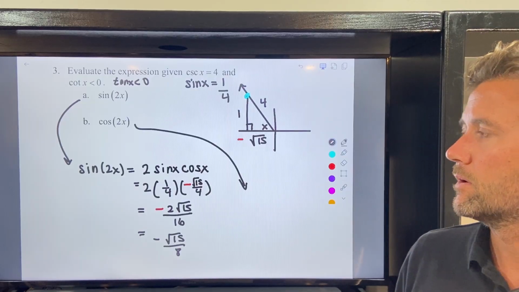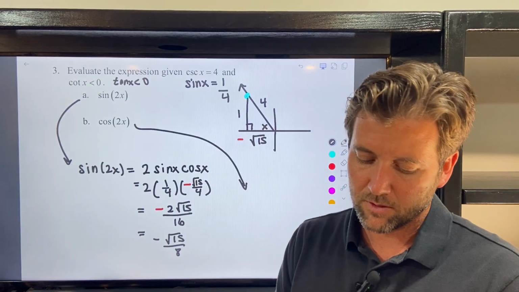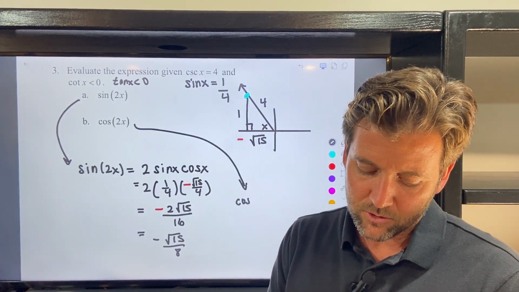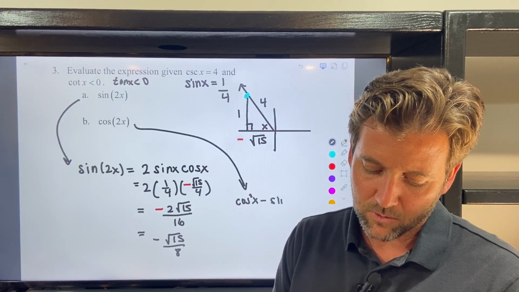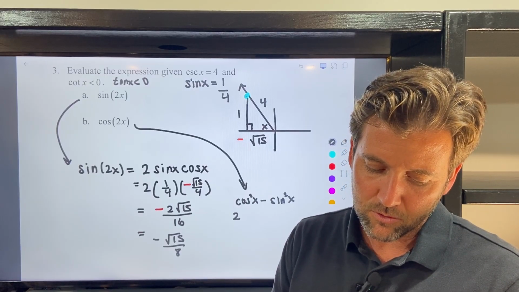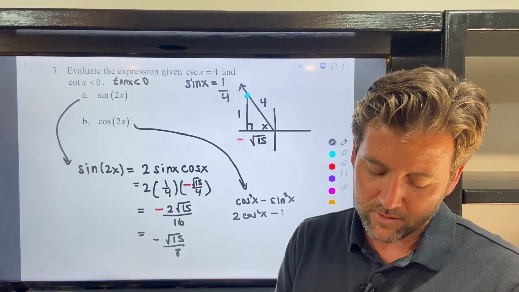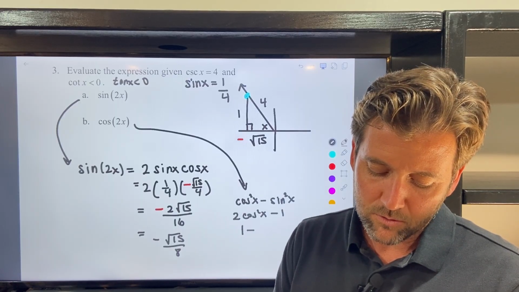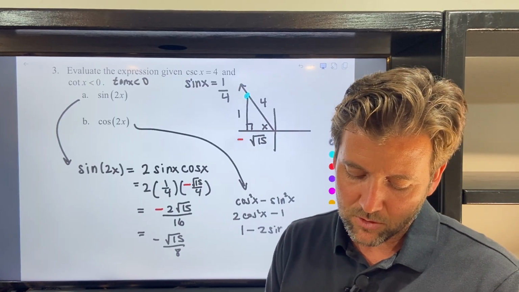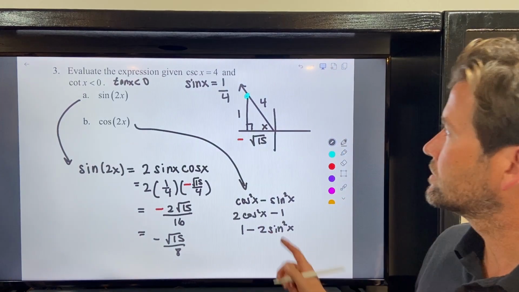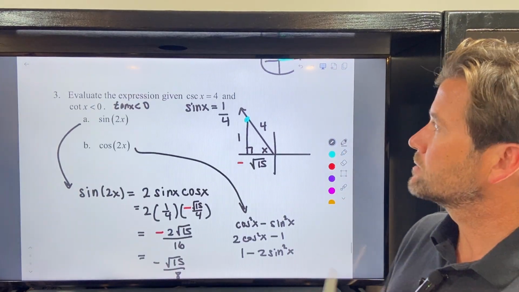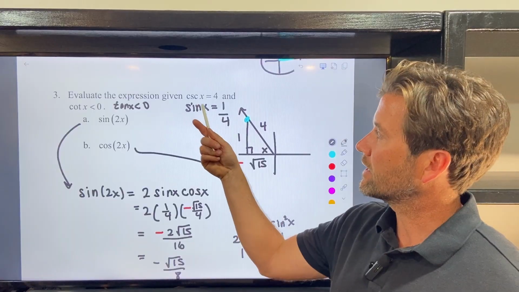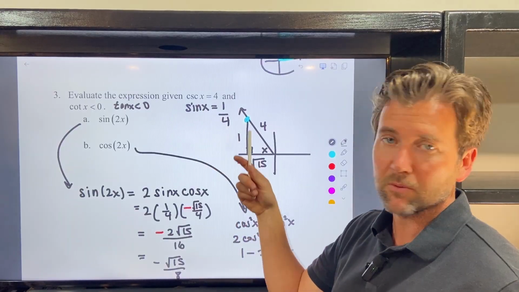Part B, you have 3 formulas you could use for this one. We could use cosine squared x minus sine squared x. You could use 2 cosine squared x minus 1. The one I want to use is 1 minus 2 sine squared x. I want to use this one because I was basically given cosecant of x, so I found sine of x by taking the reciprocal.